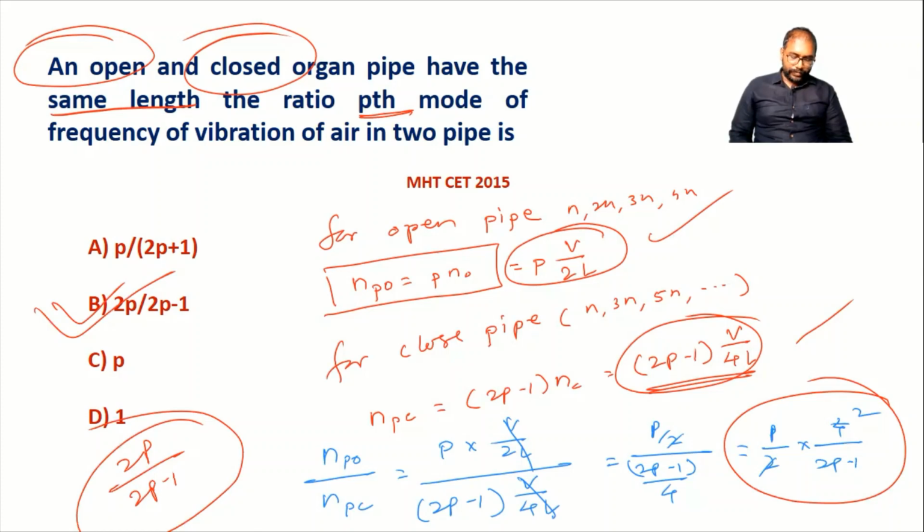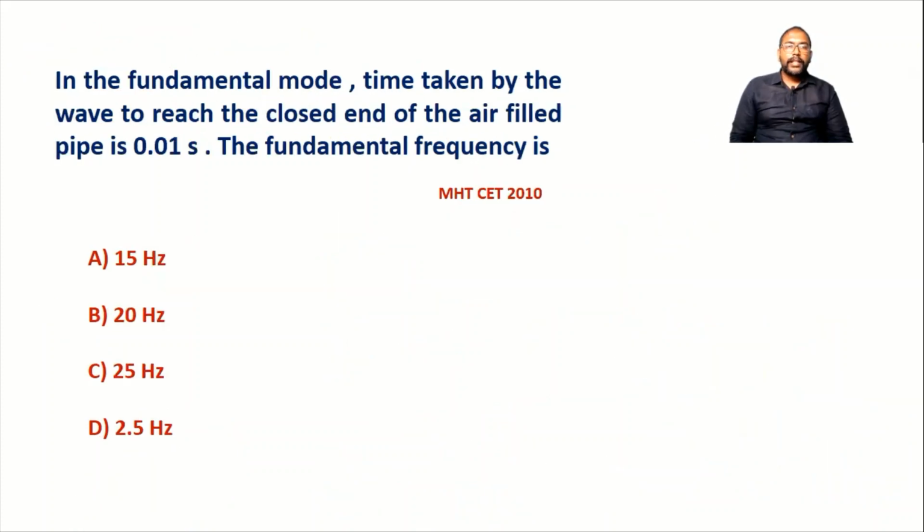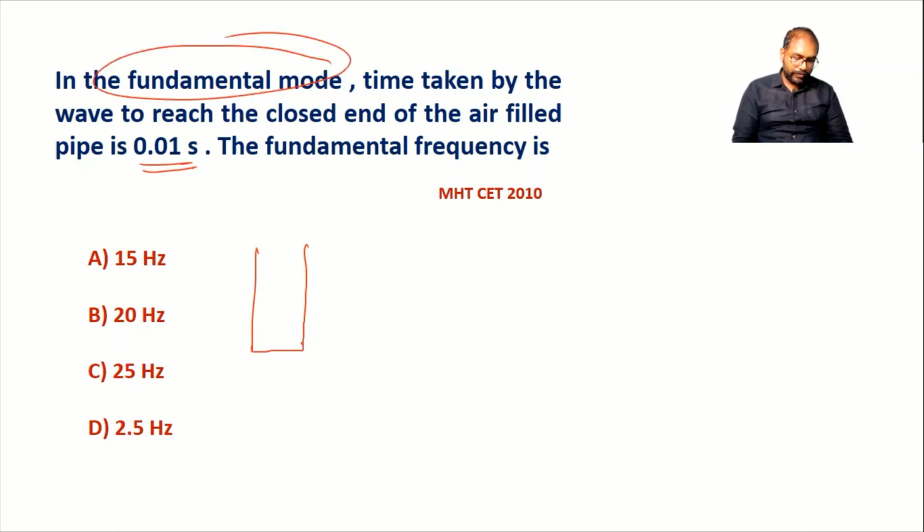Now next one. In the fundamental mode, time taken by a wave to reach the closed end of an air-filled pipe is 0.01 second. So here it is a pipe closed at one end, and this is the fundamental mode. The time taken to reach this part is 0.01 second.